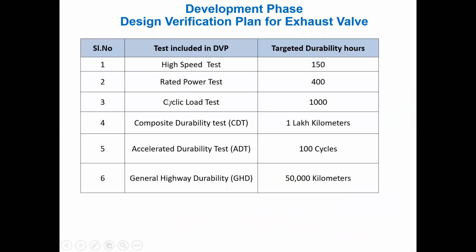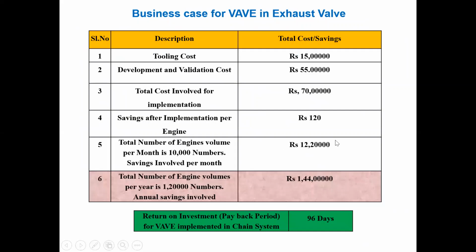We've done a lot of tests, which involve a lot of cost also. One hour of testing costs 3,000 rupees, and there are resources for this particular test also. So this is the business case, wherein there is a saving of almost 15 rupees per piece. You have two intake and two exhaust valves for one cylinder.